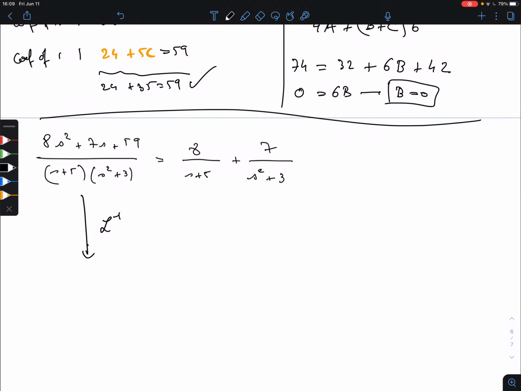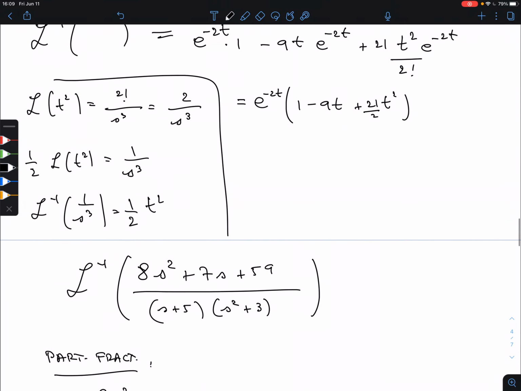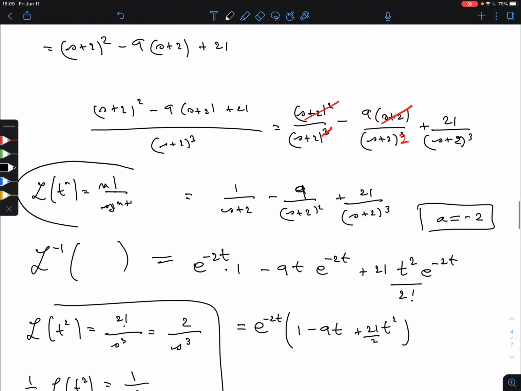The 8 over s plus 5. By this time we should know it is just a power, and so this corresponds to powers together with an exponential due to the shift. The power is 1, so that corresponds to something of lower degree. 1 over s comes from a constant, the 0 power, and 1 over s squared comes from t to the power 1, 1 over s cubed from t squared, okay?